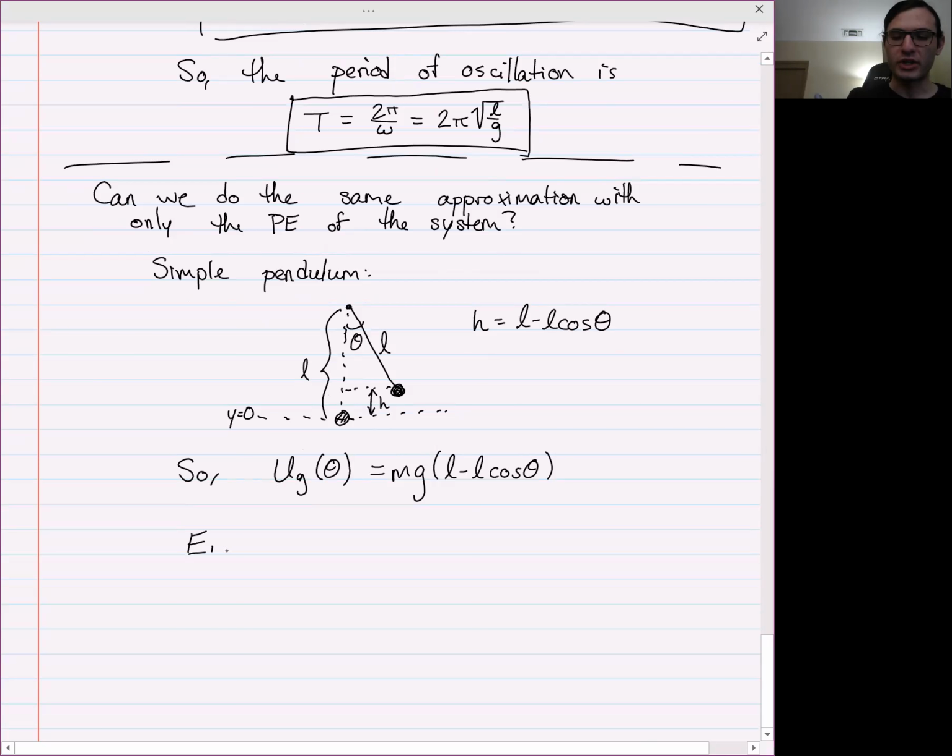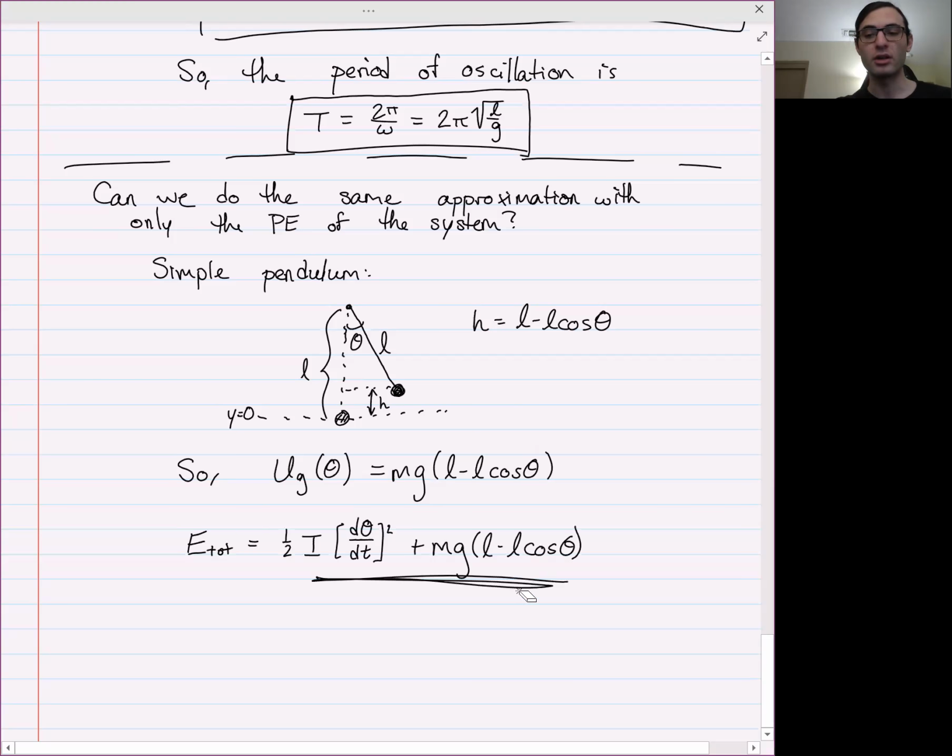It is the rotational kinetic energy, 1/2 I, and instead of using omega squared, I'm going to write the time derivative of the angle squared, just because I don't want to use the letter omega twice, plus the potential energy, mg times L minus L cosine theta. And so you can see right away that this is written in terms of the derivative of theta and theta itself.